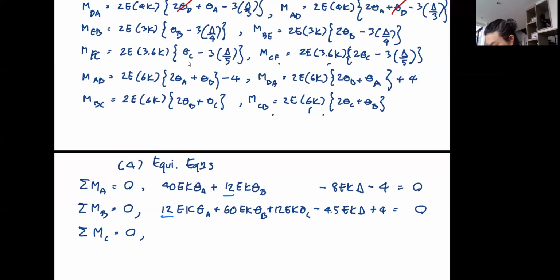So here we go. In the end, it's going to be 12 EK theta B plus 38.4 EK theta C minus 4.32 EK delta equal to 0.